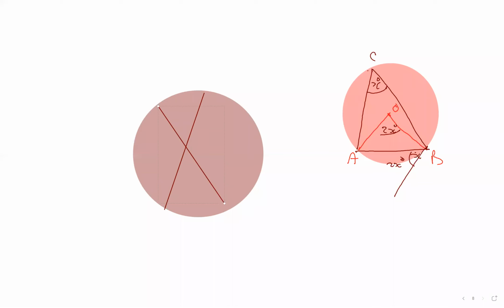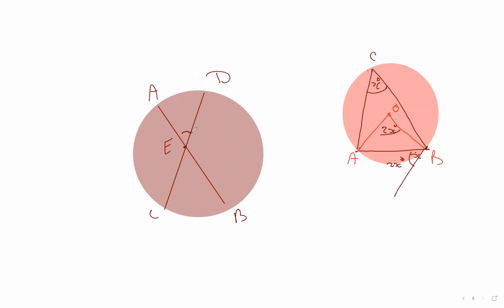This chord AB and this chord CD intersect inside the circle at a point, call it E. Then this angle is not central, and this angle is also not inscribed.